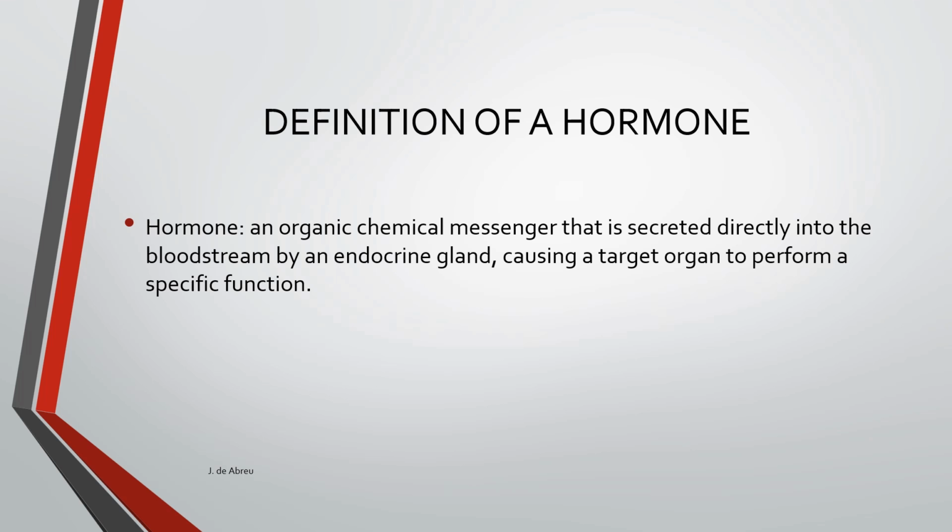Through the bloodstream, because it is secreted into the bloodstream by an endocrine gland. So exocrine glands are not secreting hormones, only endocrine glands are secreting hormones. And then it causes a target organ to perform a specific function. So it is secreted into the bloodstream, which means it can travel to this target organ to perform a specific function.